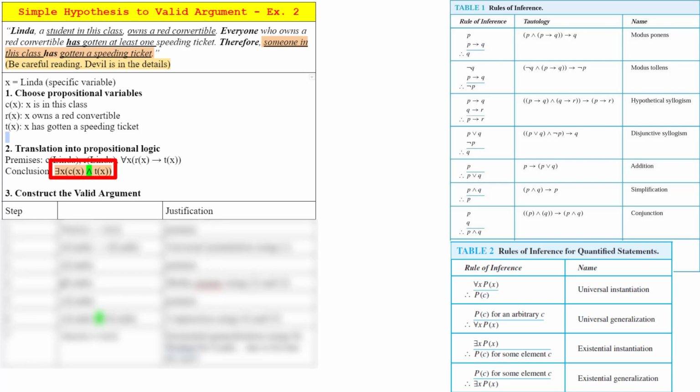So how are we going to do that? Really, we're given Linda as a general example. So we're going to use Linda throughout this to basically prove that Linda is a person in this class and has also gotten a ticket just by default because she's got a red convertible. So how do we do that?